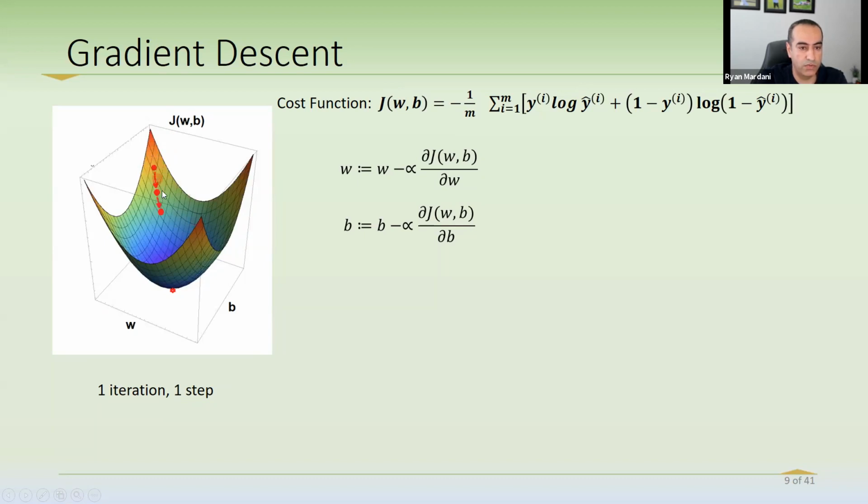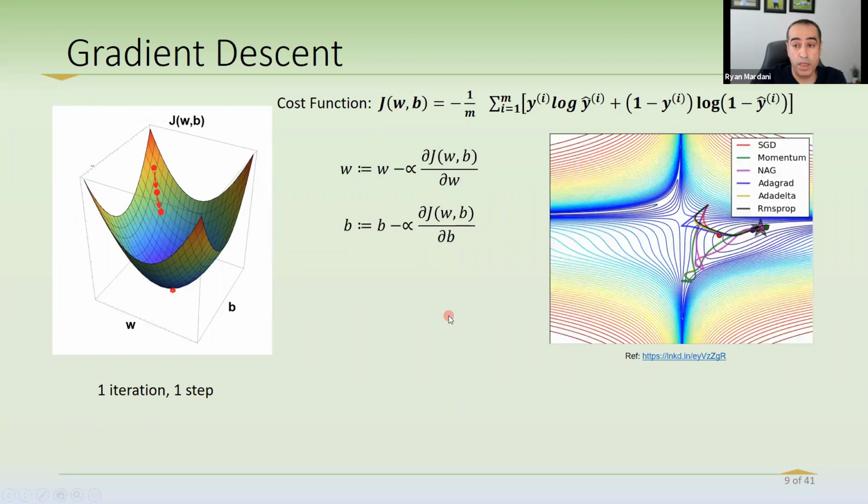We initialize somewhere, and we need to move along the gradient in the negative direction to get the minimum value. For updating, we use a learning rate, which shows how big our next step should be.